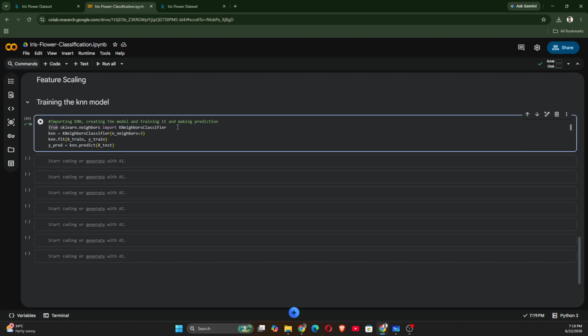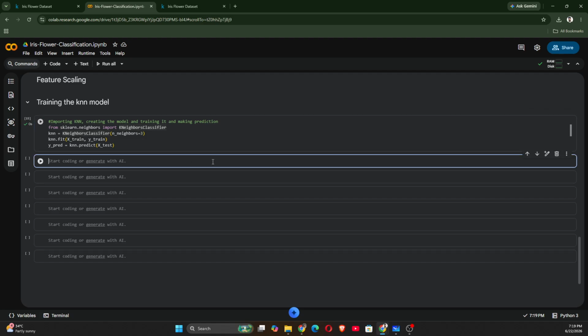First we are importing the KNN algorithm from sklearn neighbors. Then we are creating the model and training it. We have taken k as 3 over here, and in x train, y train we are fitting it, and then we are making predictions. Okay, now let's check the accuracy.